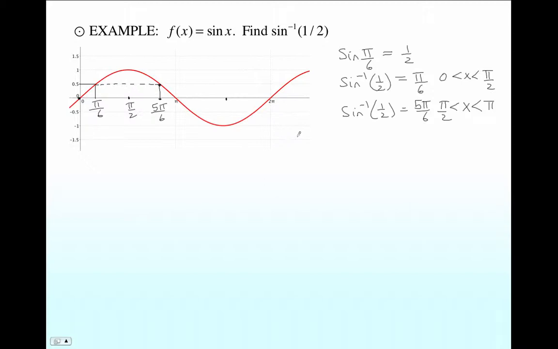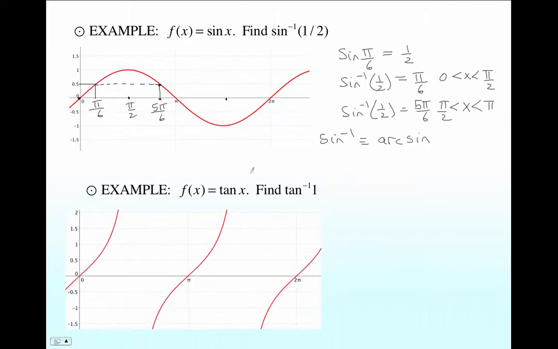You have to specify the domains. Now, there's a small nomenclature that you should be aware of. A lot of people call sine inverse the same as arc sine. The two mean exactly the same thing.